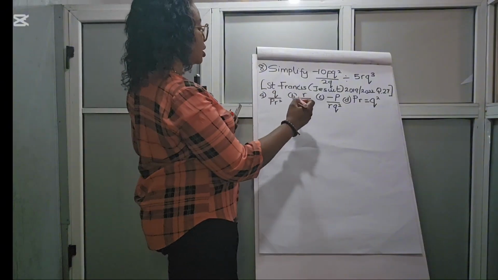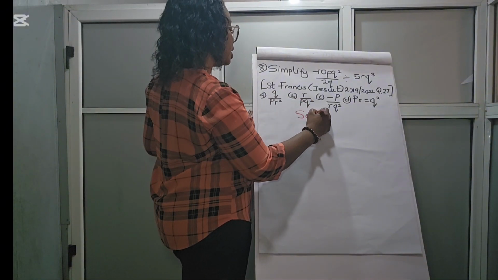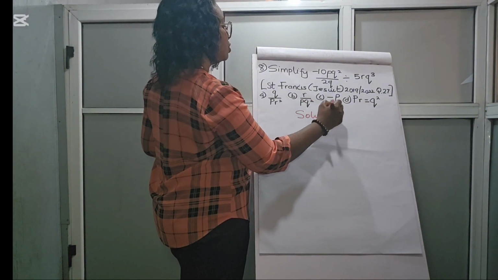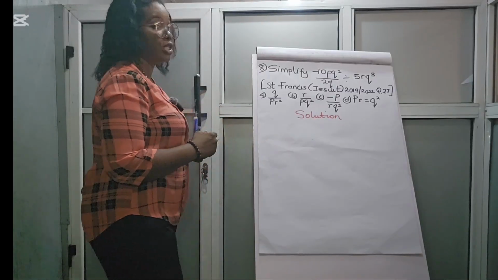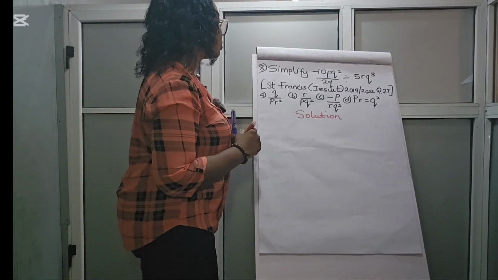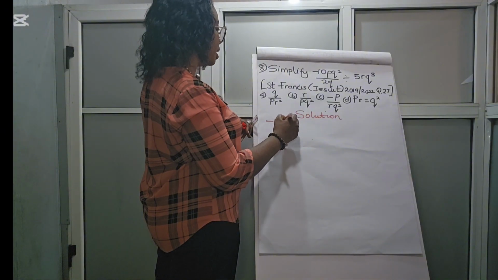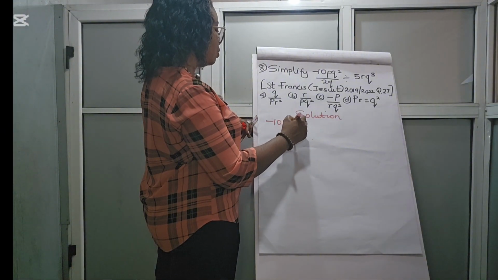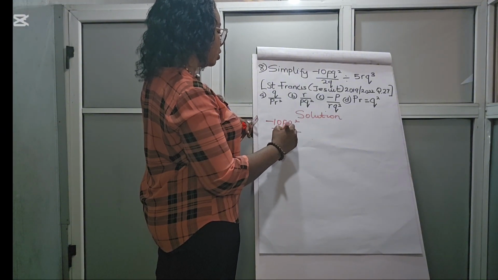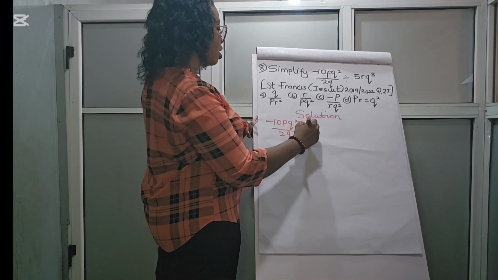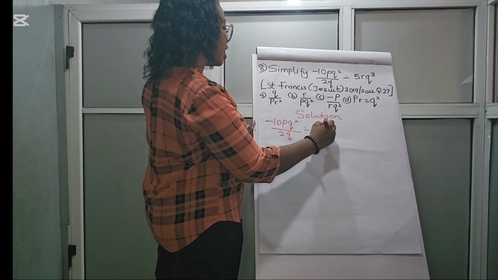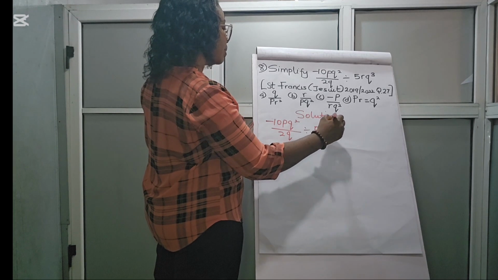This question was gotten from St. Francis Jesuit question year 2019-2022, question 27. So we have here, let's bring this out. We have minus 10pq squared all over 2q, all divided by 5r raised to power 3.